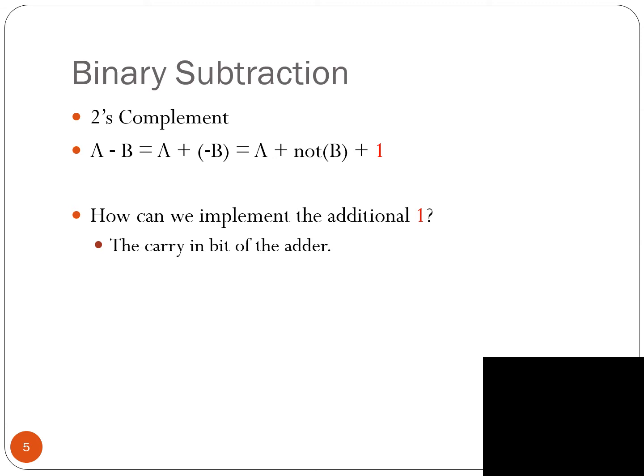So how can we implement that additional single 1? That could be simple, right? We have a spare carry-in bit at the adder. So whenever we need that additional 1, we use the carry bit to add 1 to the whole adder. But if it's a plus b, we do not need it, so we need to select it.